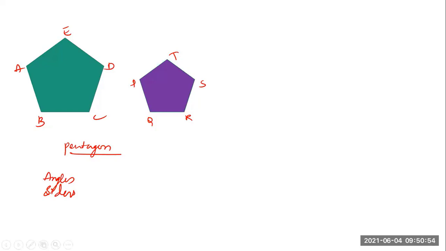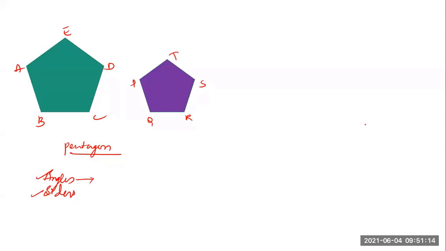Similarly here, to check whether the given figures are similar, we have criteria. How will you check their angles? The corresponding angles should be equal.